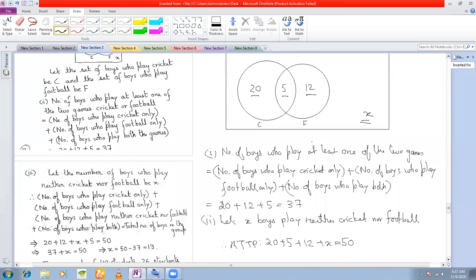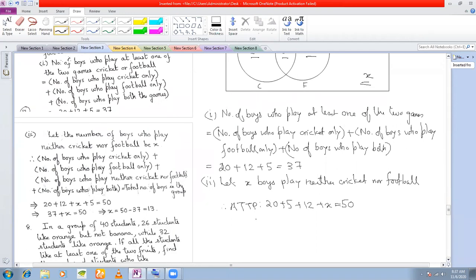In your class there will be boys who play cricket only, football only, both, and none, but if you add them, they come to the total number of people in your class. So 37 plus X is equal to 50. So how many play none? Only 13 play none of the games.